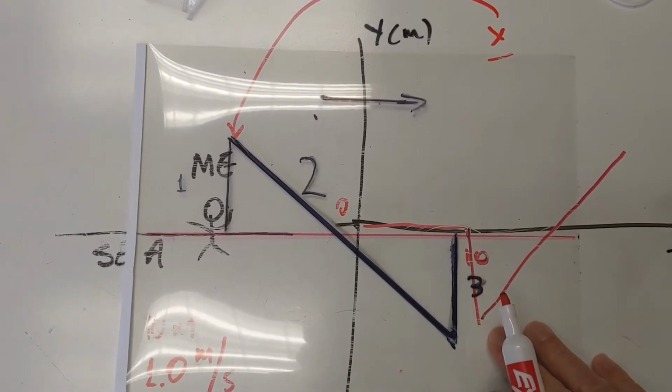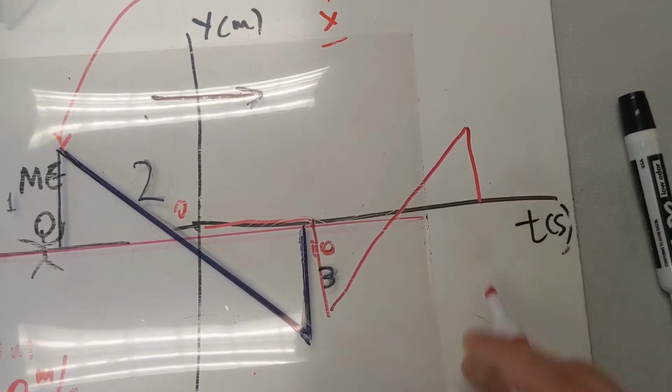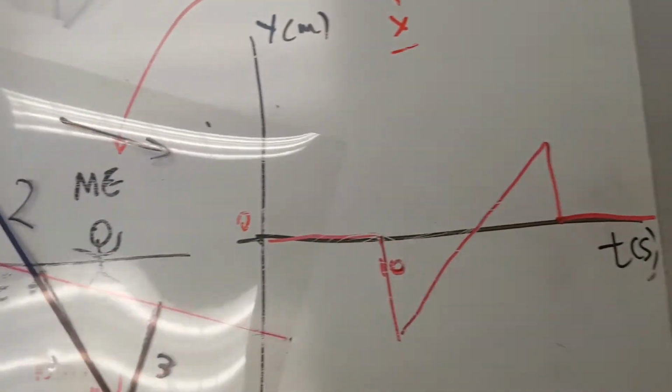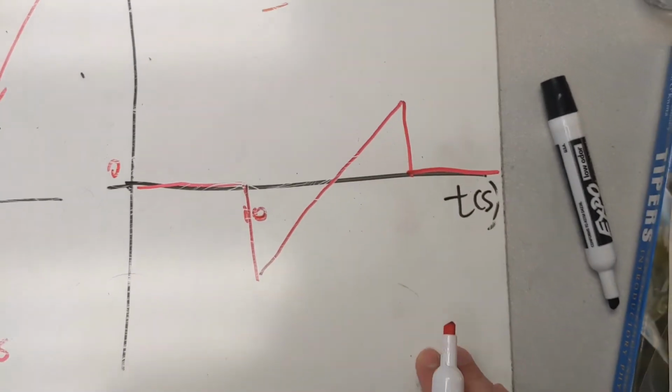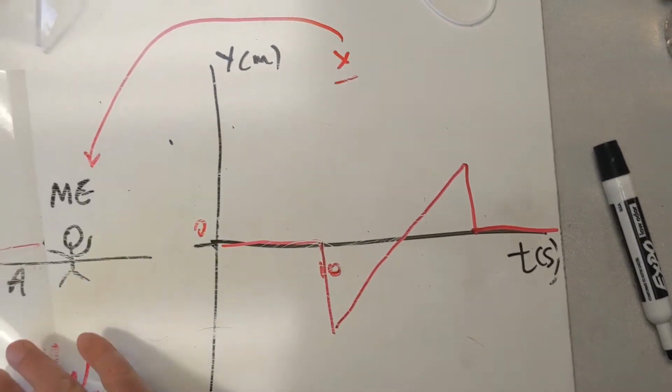And once the wave leaves me, I'm dropping back to 0, and then I continue staying at y equals 0. So this is what the y versus time graph for this wave looks like.